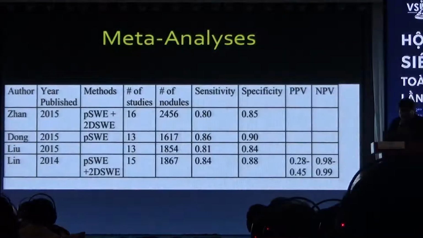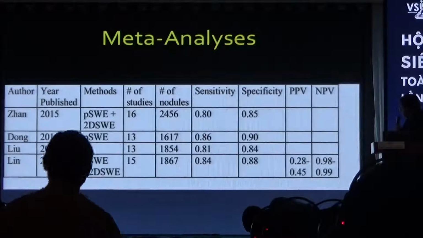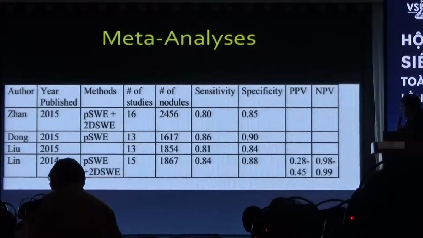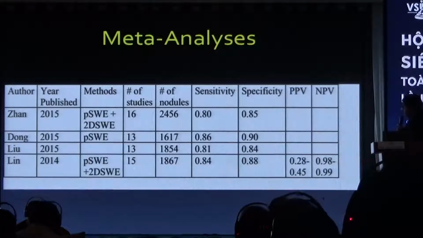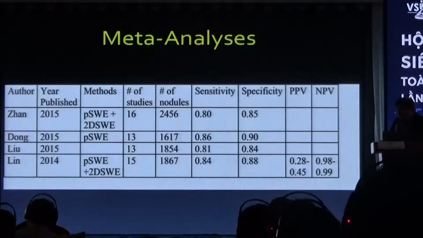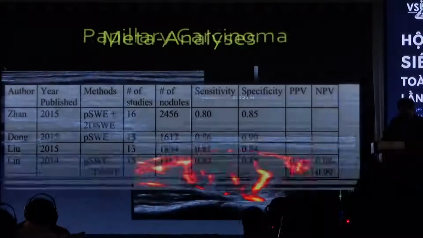And again, here's a meta-analysis, and here we can see sensitivities that are in the low 80s as opposed to the other ones that I showed you, and specificities about the high 80s and 90%. So again, the results are very variable depending on the site and the experience of the person.